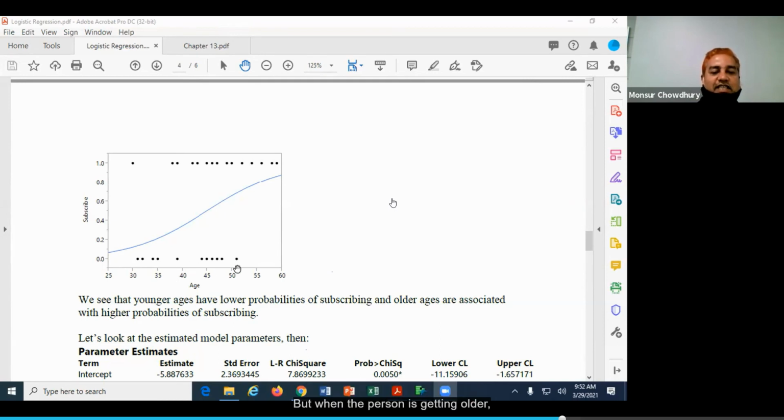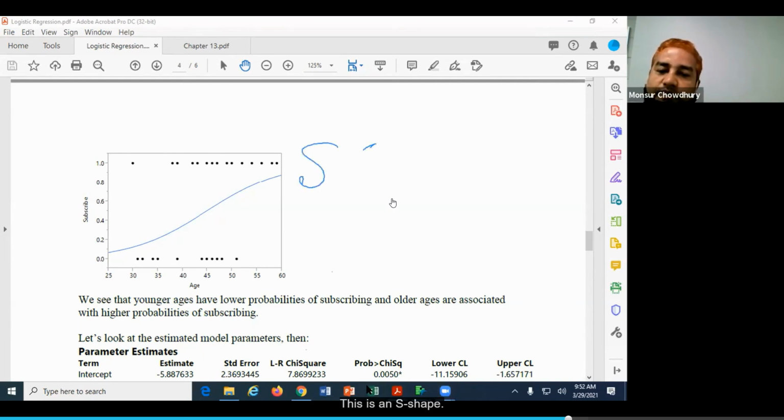But when the person is getting older, you can see that the probability is getting higher and higher. How can we fit this? The logistic regression model, I will show you in JMP. But from this we can see this looks like an S shape. So this is an S shape.